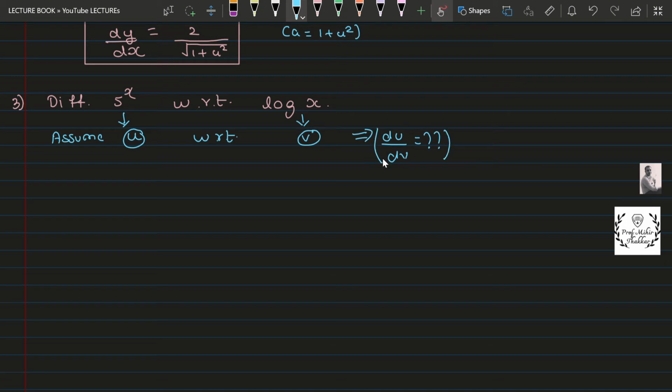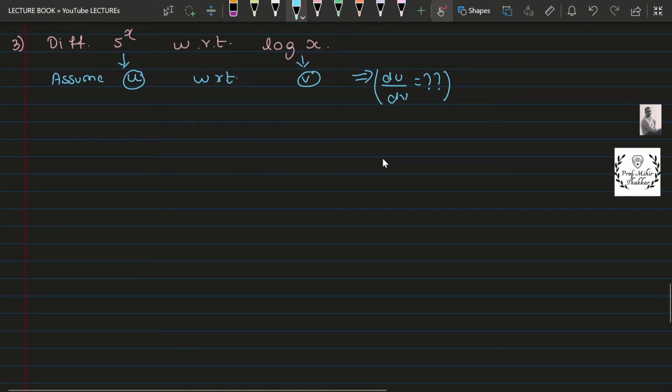So let's begin, guys. Let us see how to solve this. It's a very basic sum and a very easy sum. I assume, let u is equal to 5 raised to x and v is equal to log x.